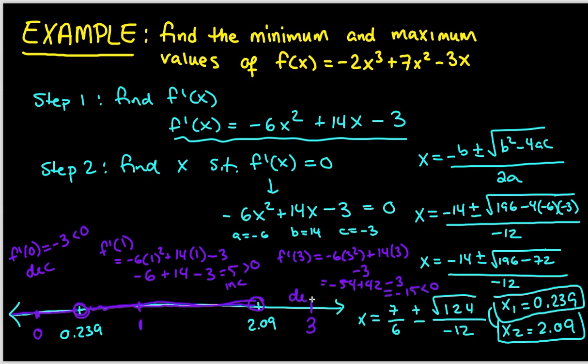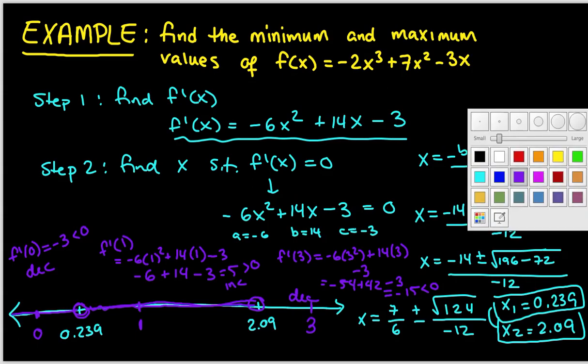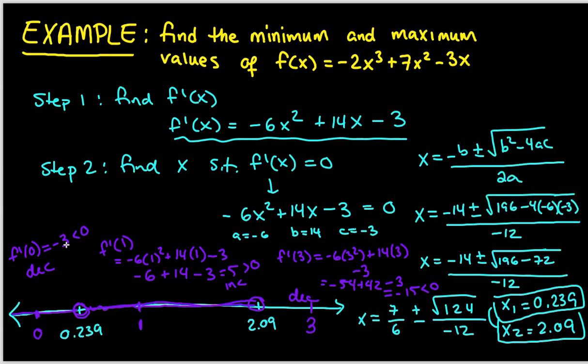Therefore, we're decreasing. Just to go over it again: when we plugged in 0, we got f prime of 0 is negative 3, which is less than 0. Therefore, we're decreasing from here all the way to here.